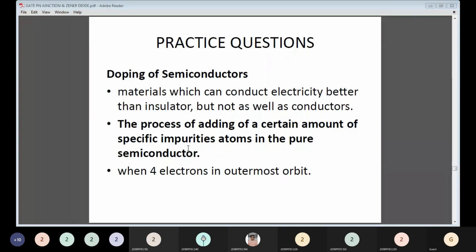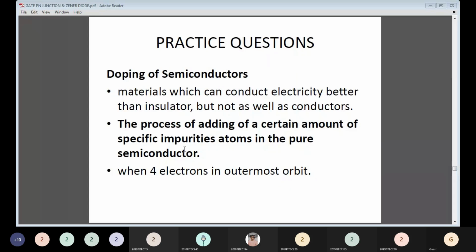The second option is the process of adding a certain amount of specific impurities to the pure semiconductor. The last option is when there are 4 electrons in the outermost orbit. So the correct answer for doping of semiconductor is that it's a process of adding impurities to improve the concentration of the charge carriers.